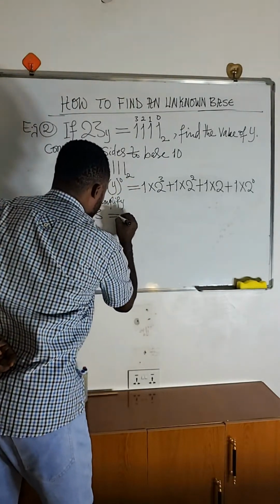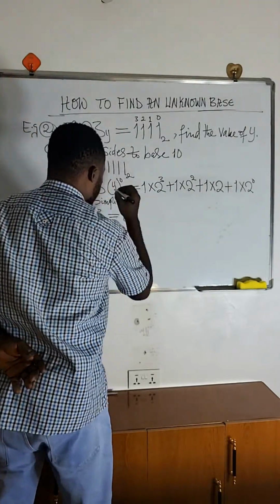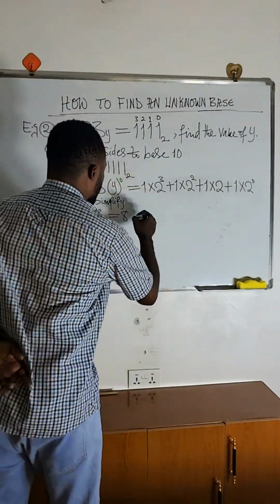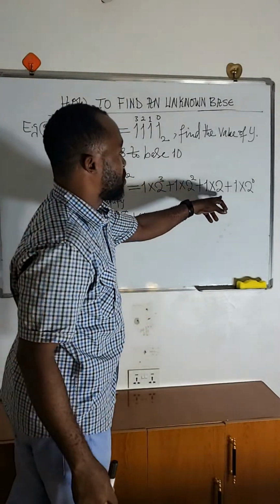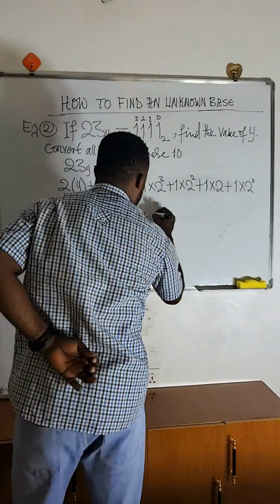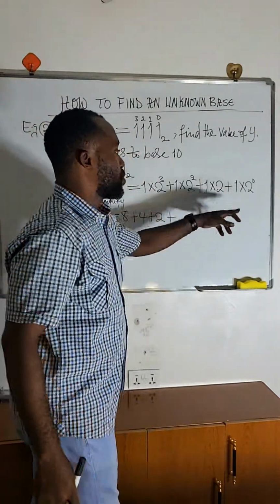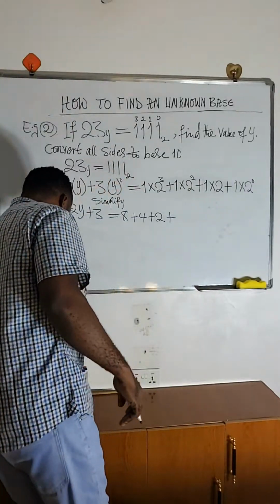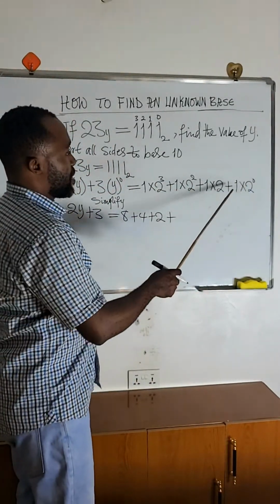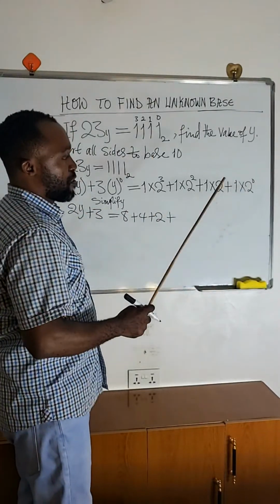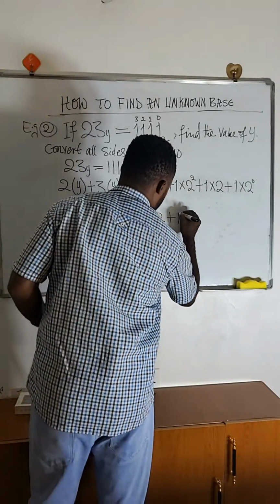Equality sign comes in. 2 raised to the power of 3 is 8. 2 raised to the power of 2 is 4. And 2 raised to the power of 1 is 2. Plus 2 raised to the power of 0, which is 1. 1 times 1, 1. So we put 1 here.